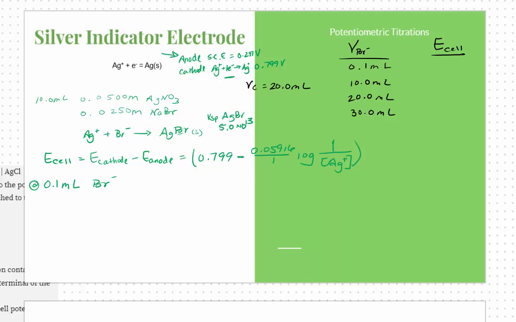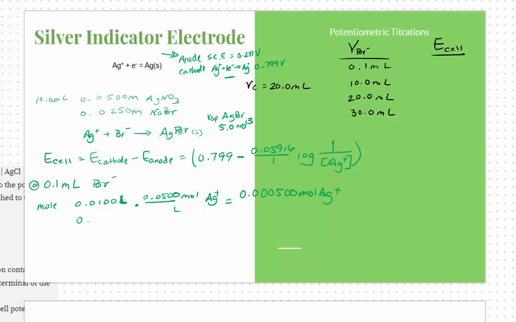Well, let's find out how many moles of silver ion we have. 0.100 liters times 0.0500 moles per liter, and this is our silver. So we have 0.00500 moles of silver ion in our solution.